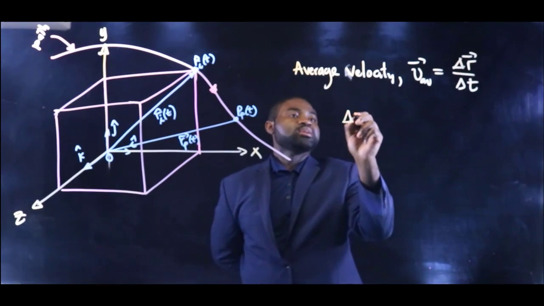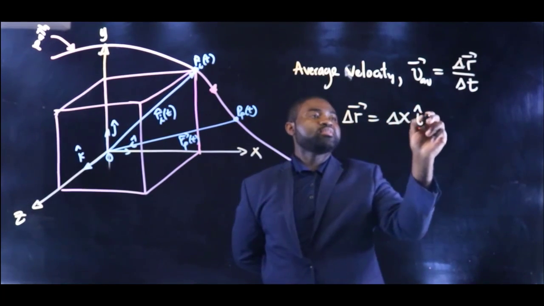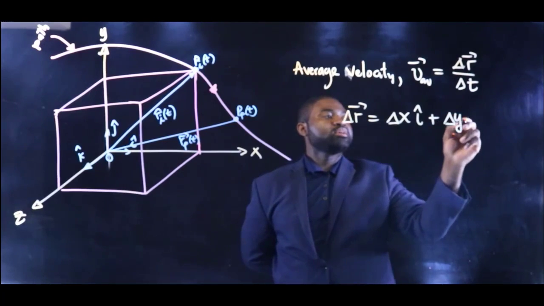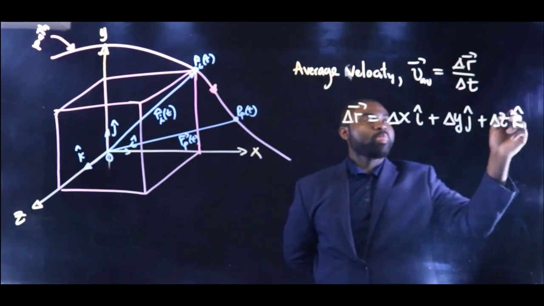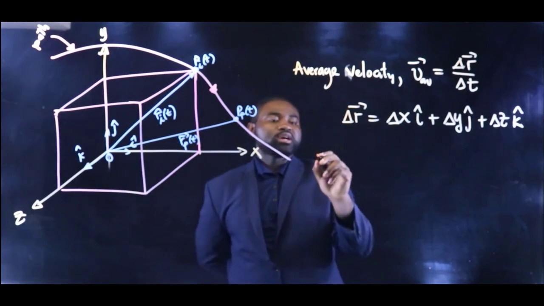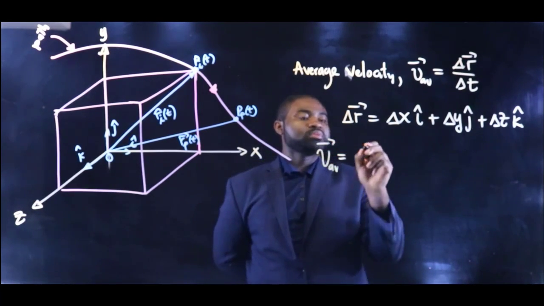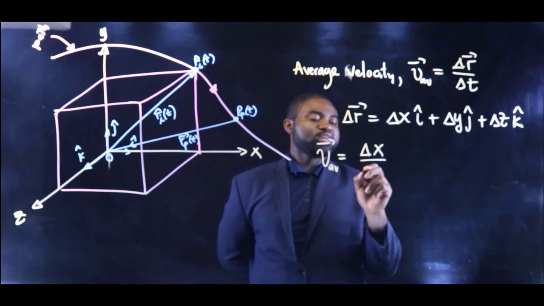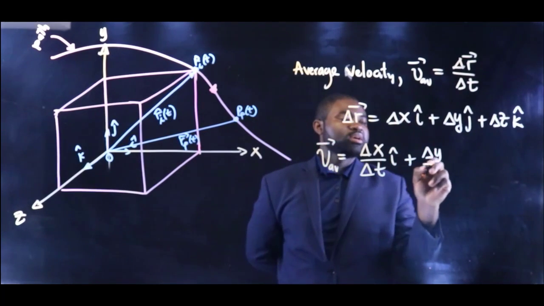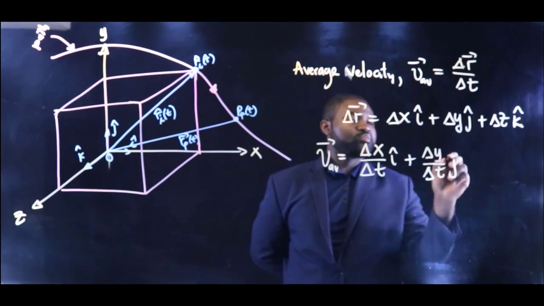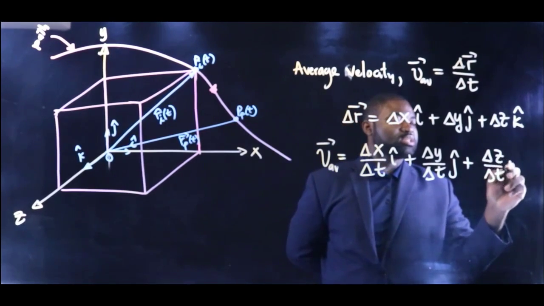We know that delta R is going to be delta x i plus delta y j plus delta z k. This would mean that V average will be equal to delta x divided by delta t i plus delta y divided by delta t j plus delta z divided by delta t k.